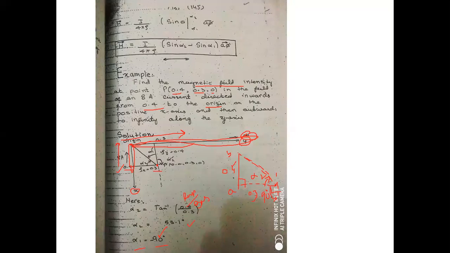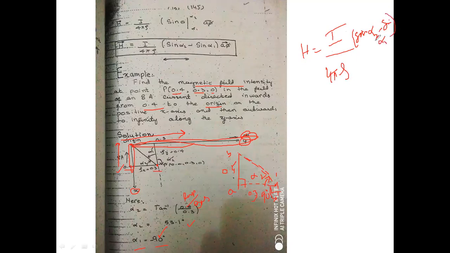Then we will find the H for this conductor. So according to the Biot-Savart law, H will be equal to I divided by 4 pi rho, times sine of alpha 2 minus sine of alpha 1.